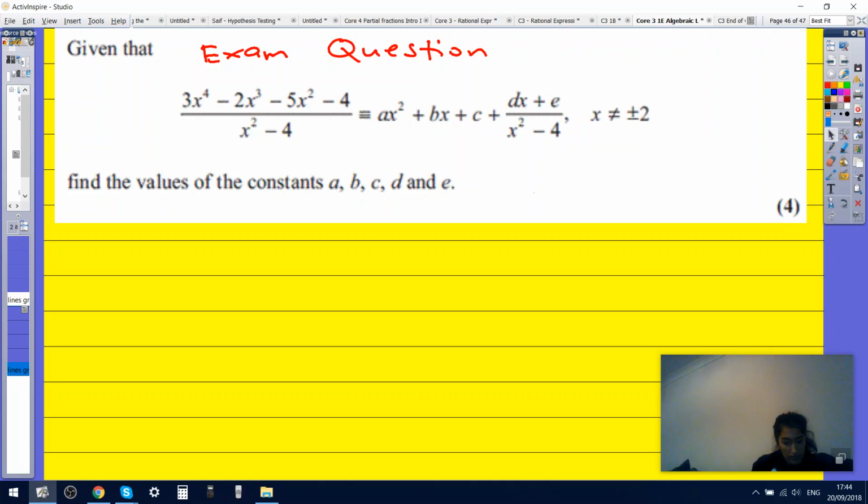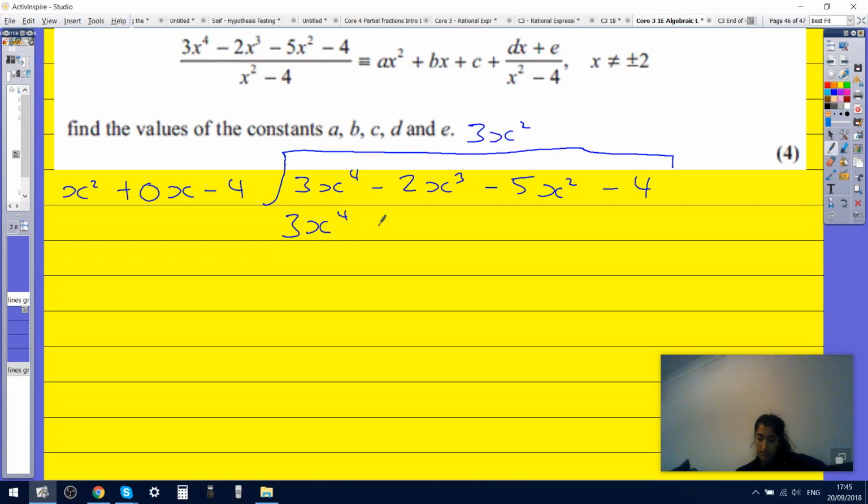And then 3x squared times x squared minus 0x minus 4 gives you 3x to the power of 4 minus 0x minus 12x squared.